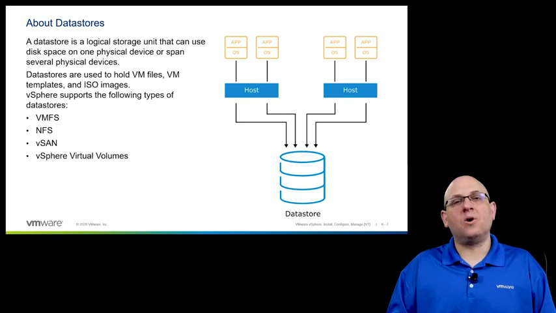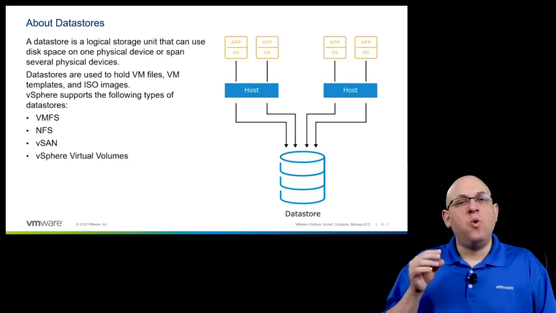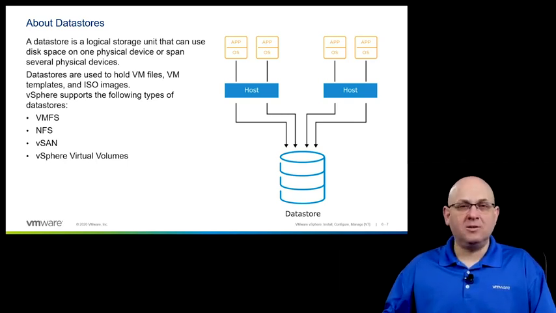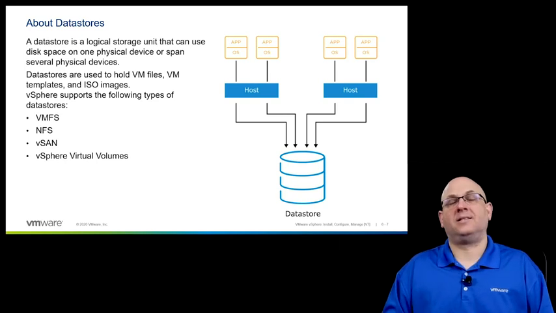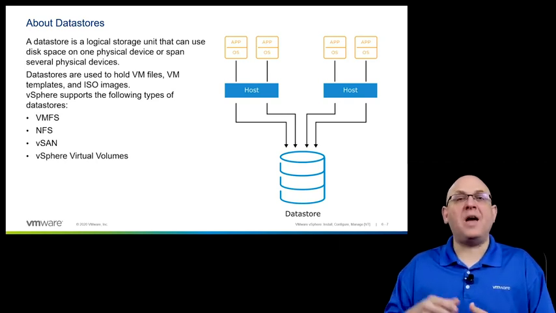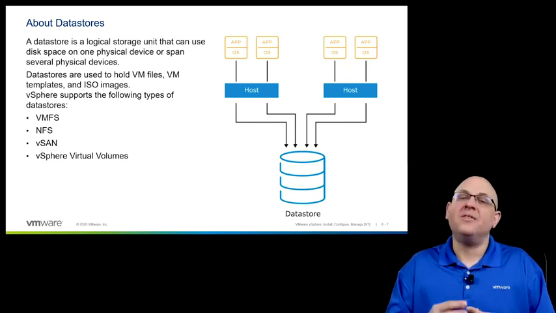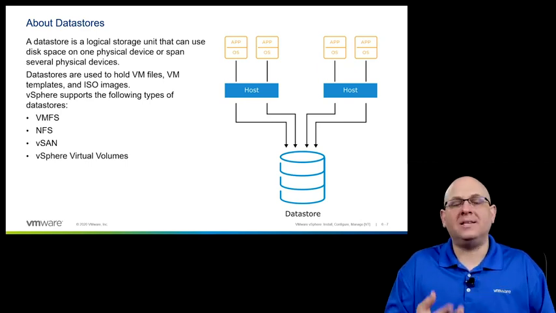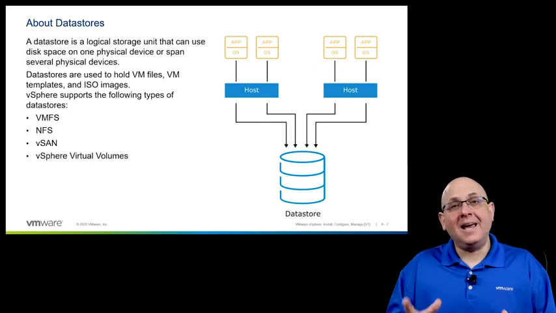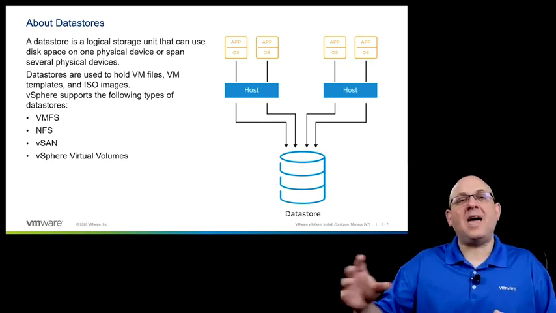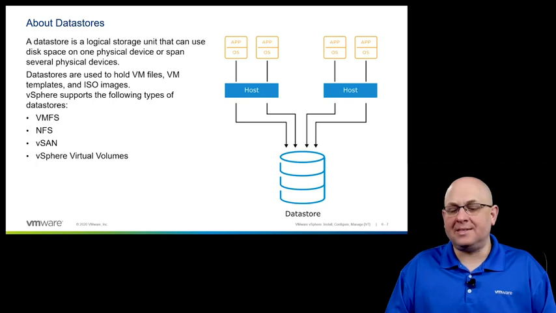Because data stores are built with virtual machine files in mind. That is, the large VMDK virtual disks and the small VMX files. Those sorts of things all reside together in data stores that can then be accessed by multiple hosts at the same time.